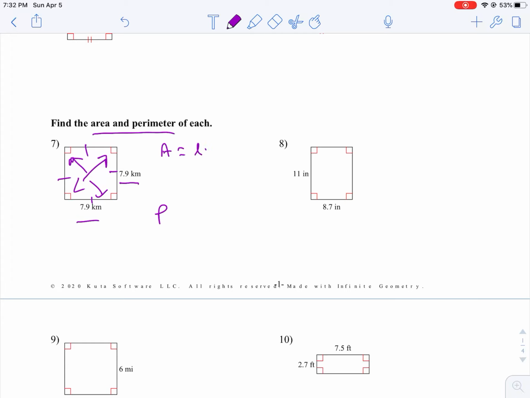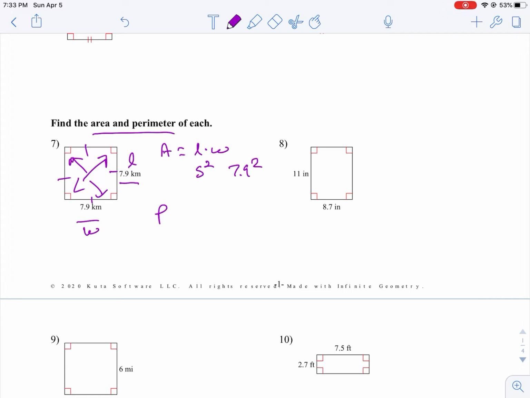So a square is just taking the length times the width, or each side and square it, okay? So the length is 7.9, the width is 7.9, so it's just 7.9 times 7.9, or 7.9 squared, because it is a square.